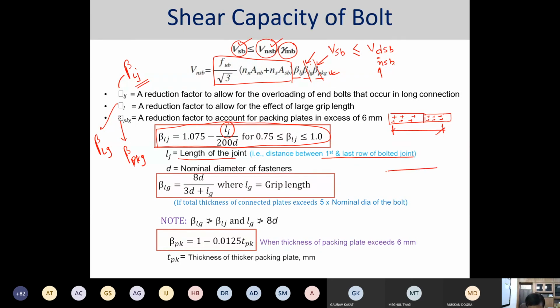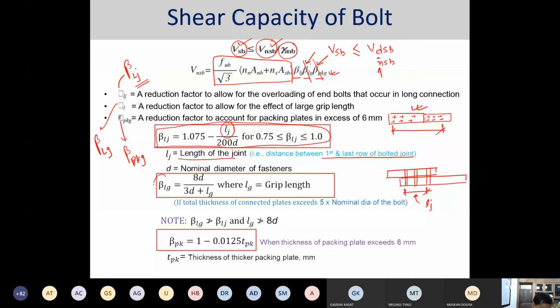If I do the elevation, let's say in the elevation, from this centroid to this centroid, this total thing would be l_j. If there are any other joints in between, then it would be accommodated accordingly. And d is your nominal diameter.